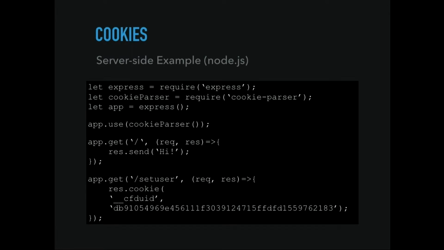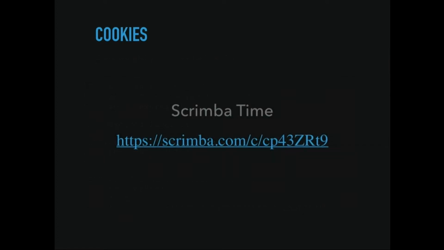But the second one, if you get a get request to set user, then we can respond with a cookie. And in this case, I just put the information from the Cloudflare cookie. And you can see that when you set it, you've got a key value pair. And that's common for at least 3 out of the 4. You could say 4 out of the 4.